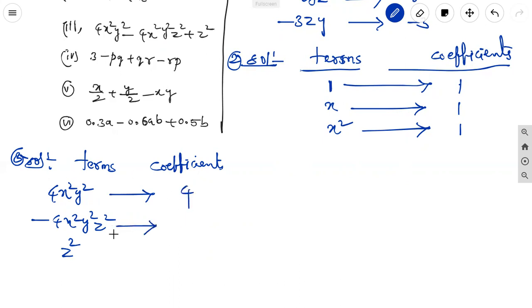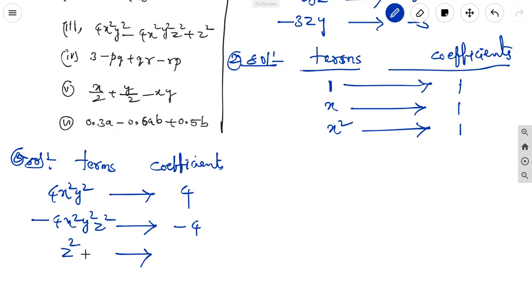For x square y square z square, we combine all the variables in the particular term, and the coefficient is minus 4. Don't forget the sign. If it is plus we need not write it, but if it is minus you should write the minus, otherwise it will be wrong.